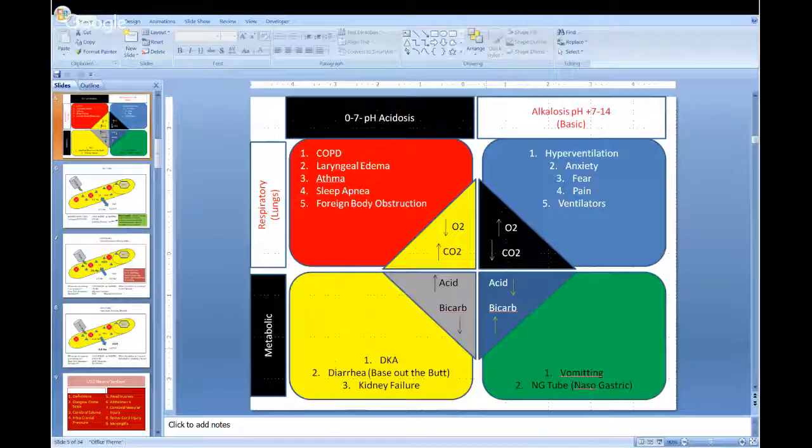Their CO2 right now is sitting at, let's say, 37, and their bicarb is sitting at 18. Under the rules that we learned in class, are they metabolic or are they respiratory at that point?